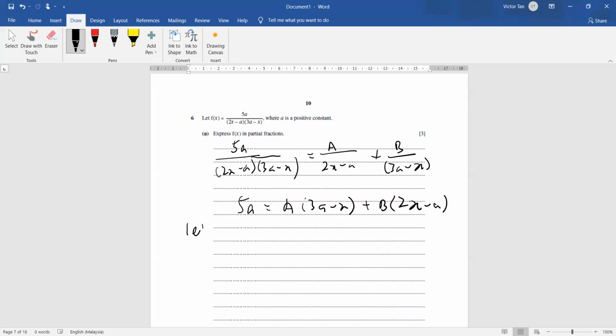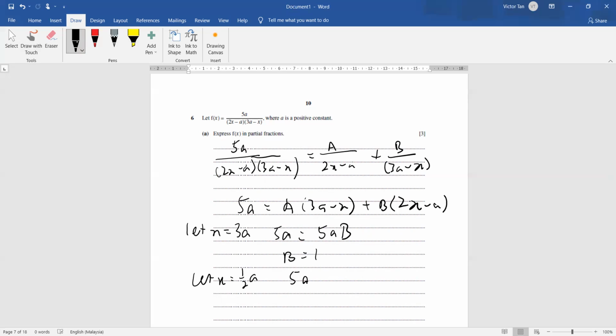So let x equal 3a. So you have 5a equals 2 times 3a is 6a minus a is 5a. So this is 5aB, so B is 1. Let x equal a.